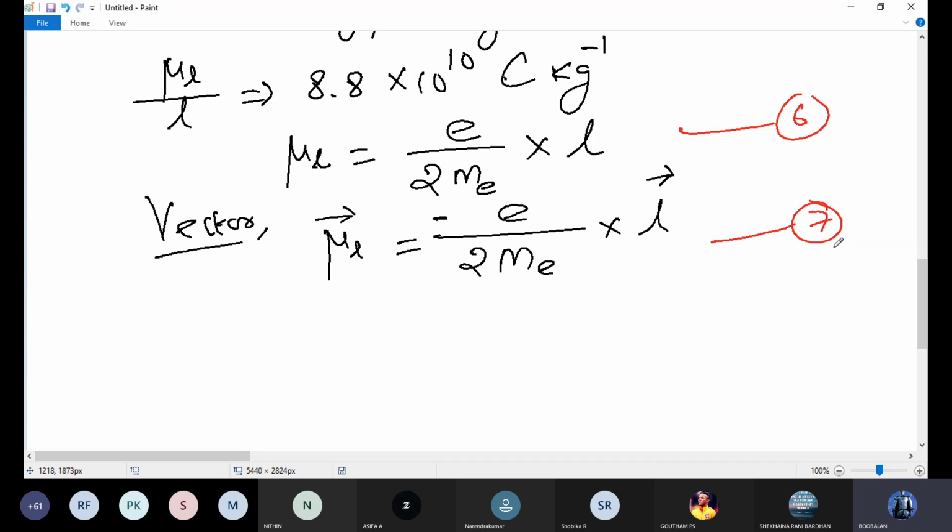Now I am using the Bohr quantization condition. The Bohr quantum condition formula, anybody remember? From the lesson on atoms and nuclei, the Bohr postulate.